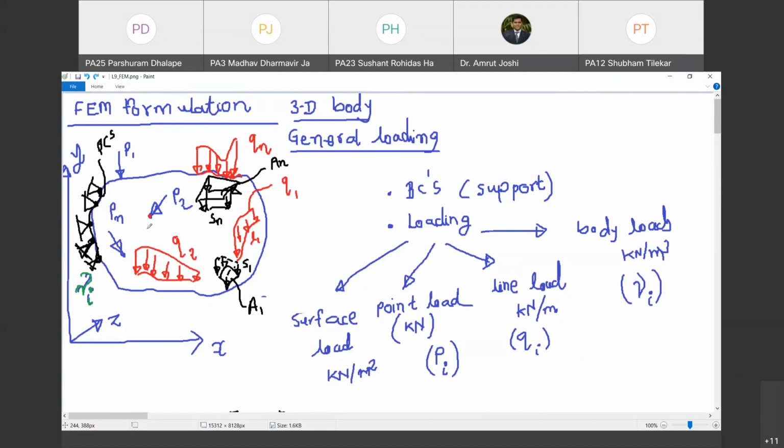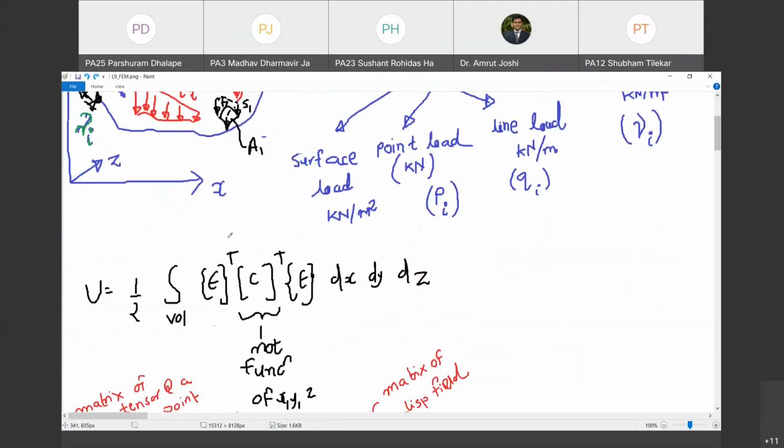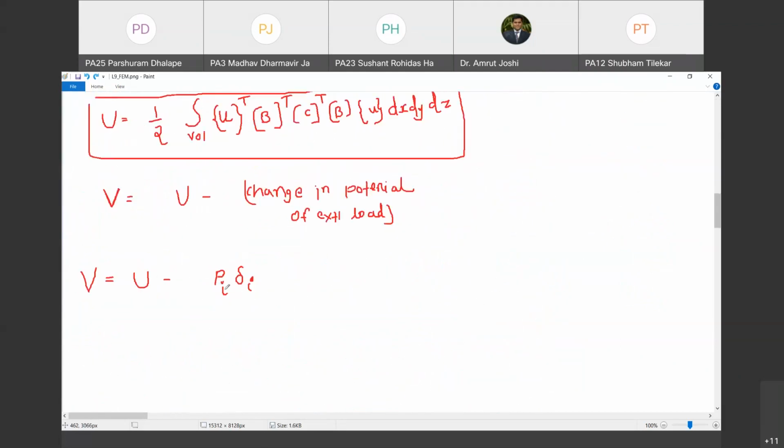Yes. So that is one way of writing it. Or what I can do is I can have this PI's component. So I will have PIX, the X component of PI, multiplied by UI. UI is the deformation in X direction at that point. Are you with me? तो दोनों तरीके से लिख सकते हैं.